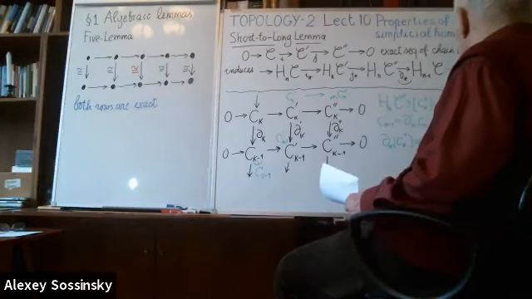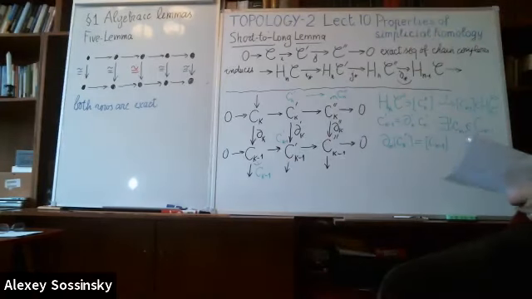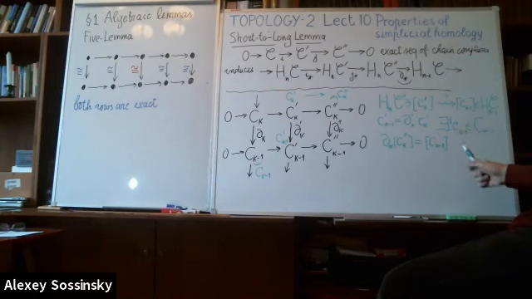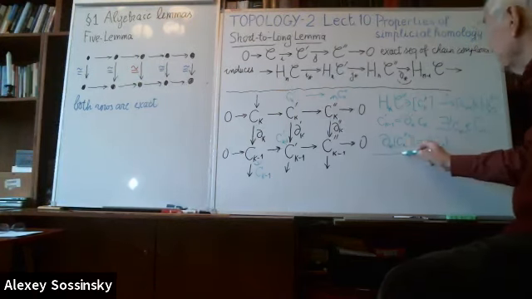It's easy to show that this will be a cycle, and so the corresponding homology class is an element of the homology groups. So we have constructed the D star.